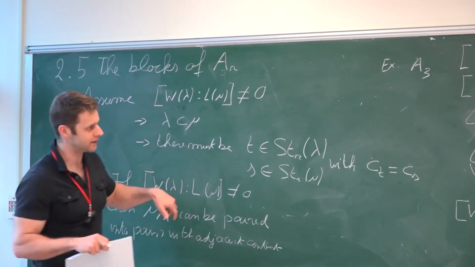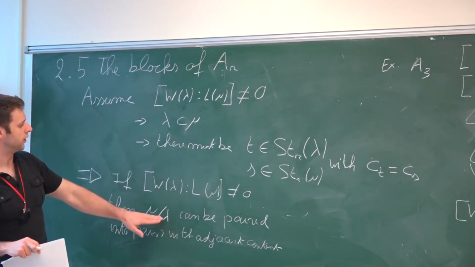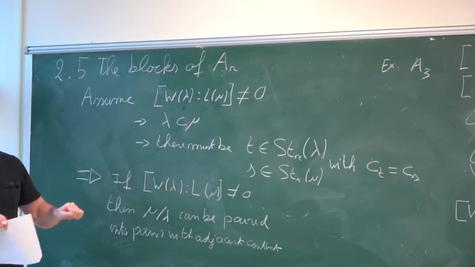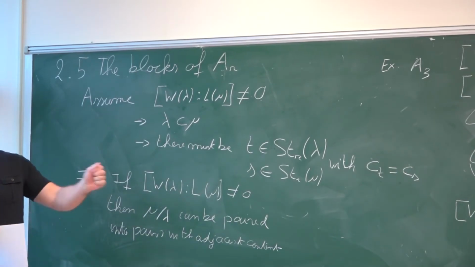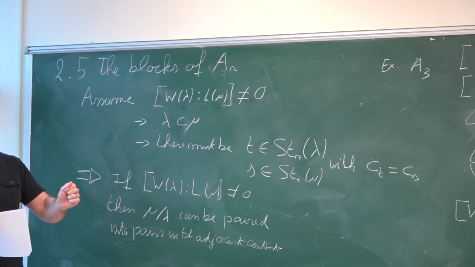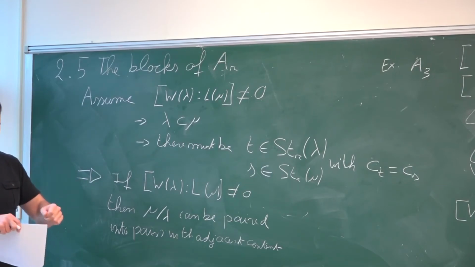And the reason for that is, lambda is some smaller partition, so there must be some path which has equivalent contents. So I must add and remove certain boxes along the way. And that always gives me pairs, because removing a box gave me the content plus 1 and adding it gave me the content.